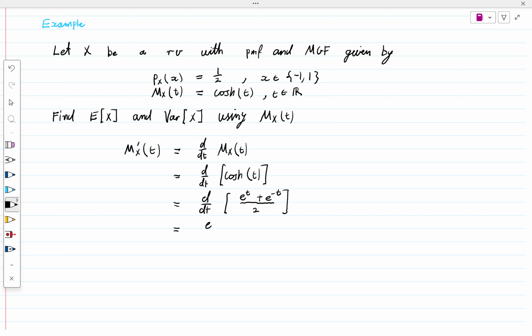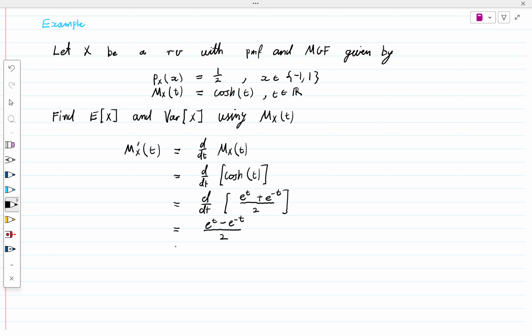So that's just e to the t over 2 still. But then the second term, you've got a minus in the power. So you need to bring the coefficient of t, which is basically -1, down the front. And that gives you minus e to the -t.